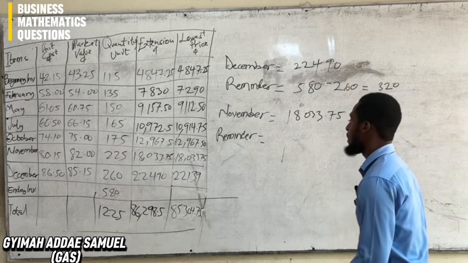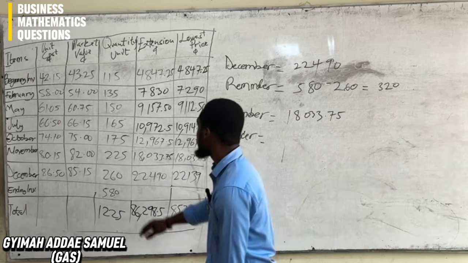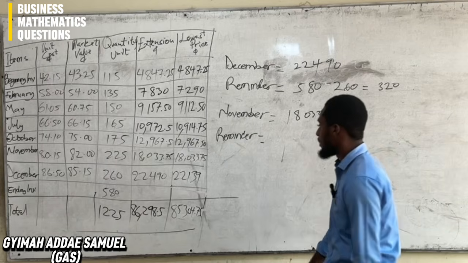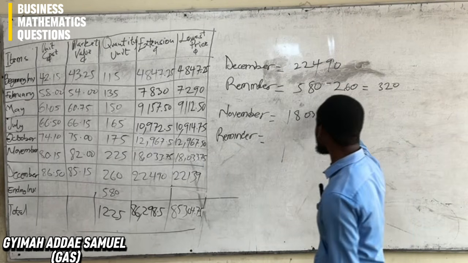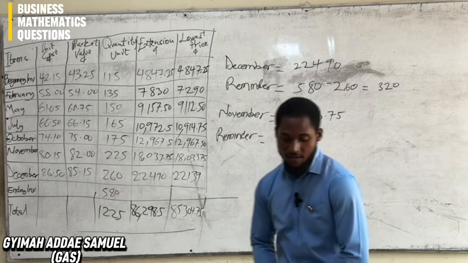As we did for December, we subtract our quantity unit for November from our ending inventory.